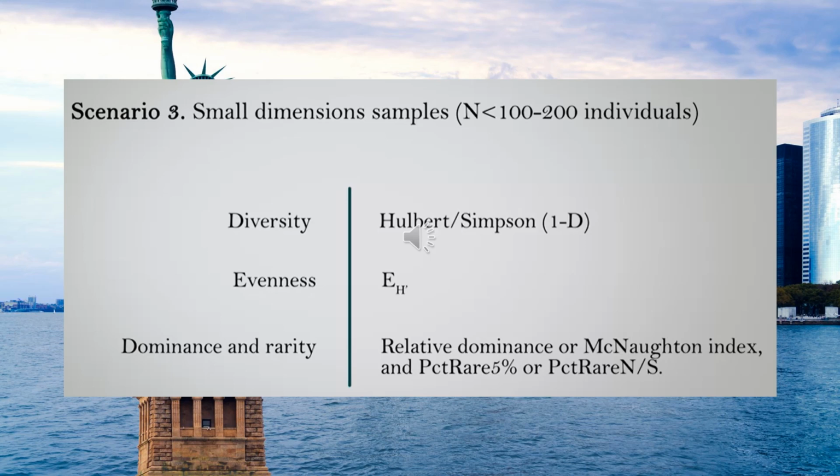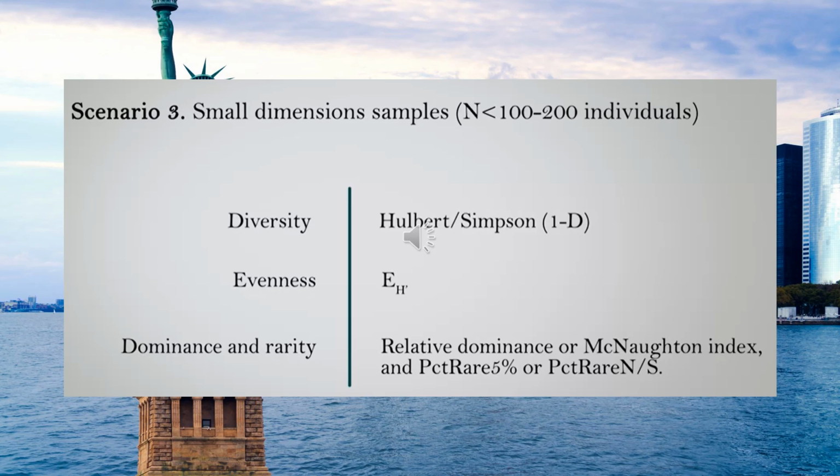To evaluate the differences in evenness, instead we can just use this evenness. For the evaluation of dominance and rarity, relative dominance or the McNaughton index is very useful. And for rare species, the PCT rare 5% or the PCT rare n divided by S are very useful indicators.